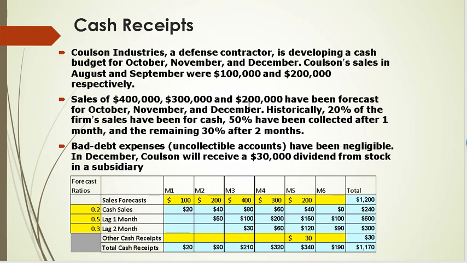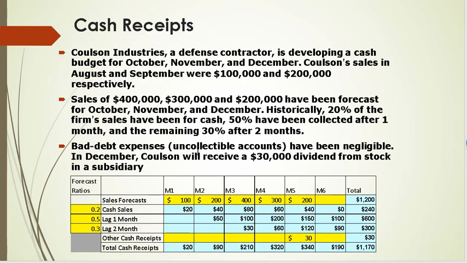Sales are predicted moving forward at 400, 300, 200. Historically, 20% of the firm's sales have been for cash, 50% come in the first 30 days, and the remaining 30% after 2 months. Bad debt expenses have been negligible, and they're going to receive a $30,000 dividend from stock in a subsidiary. So basically, we have now calculated the cash inflows for this company.